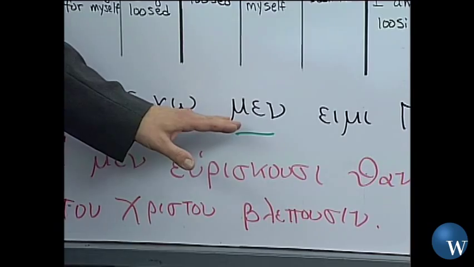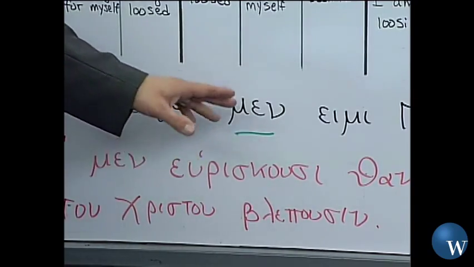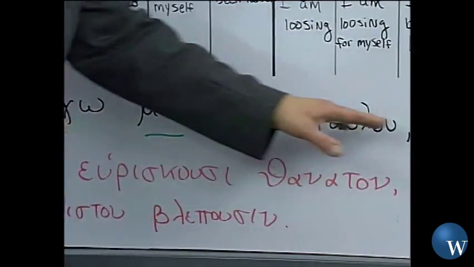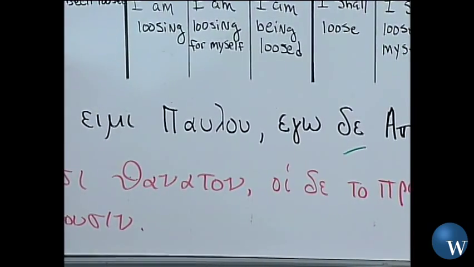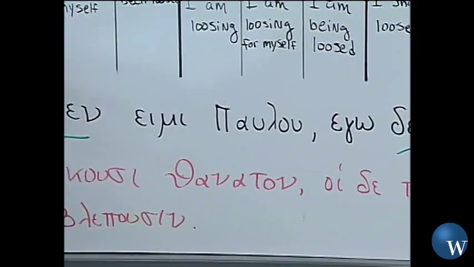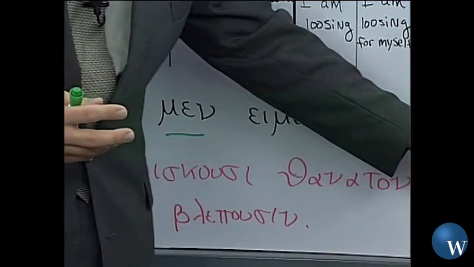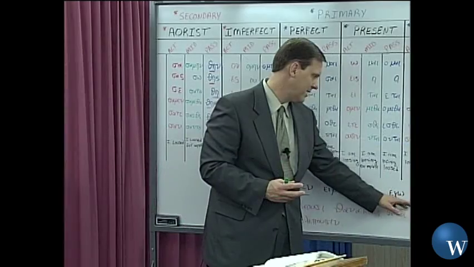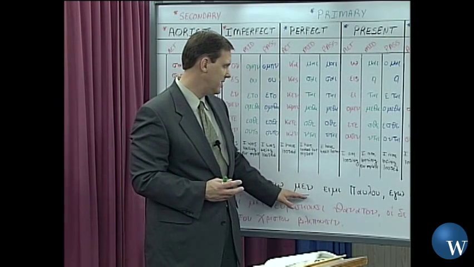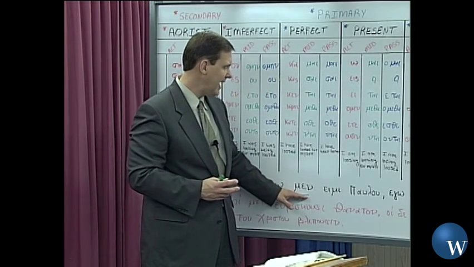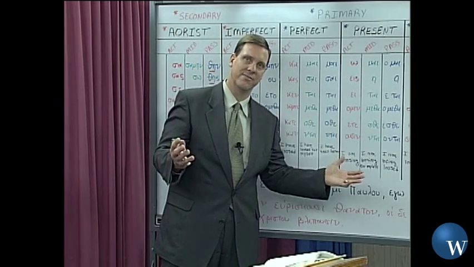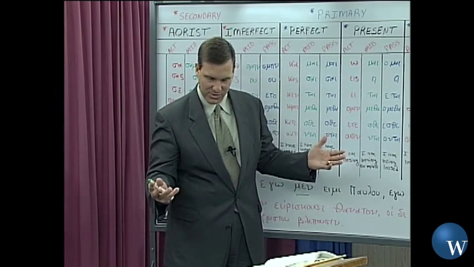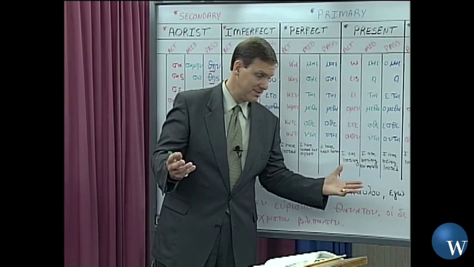And oftentimes it's best to leave it untranslated, to just see the idea of that contrast or comparison. Sometimes you will translate de as just "but," and men will usually be untranslated. But it has the idea of on the one hand and then on the other. On the one hand this is true, but on the other hand this is true.